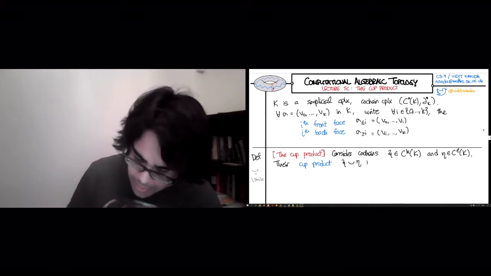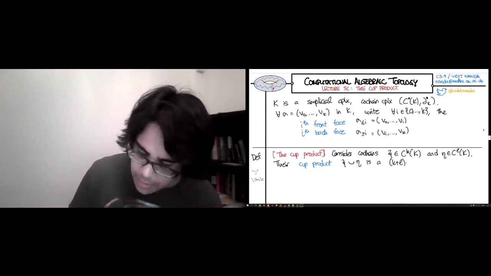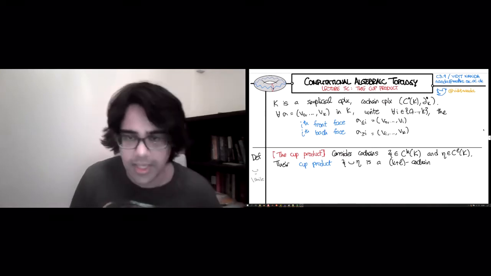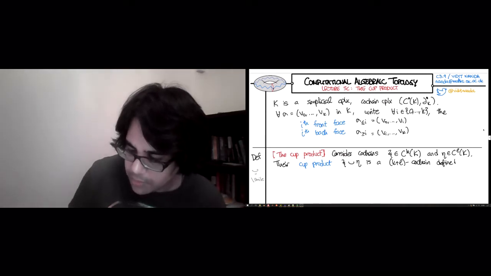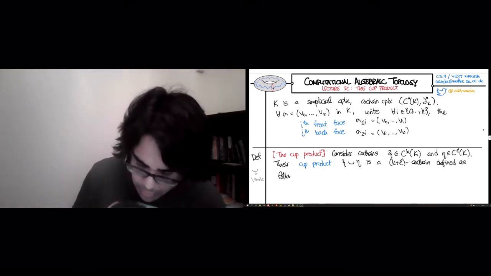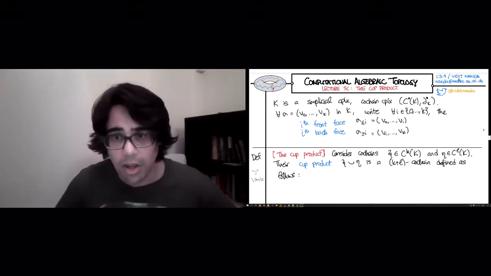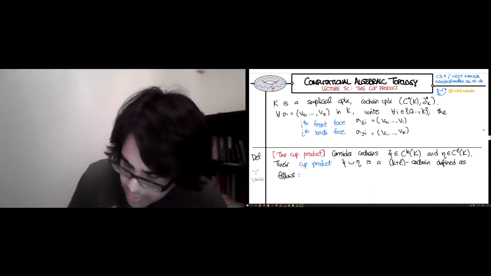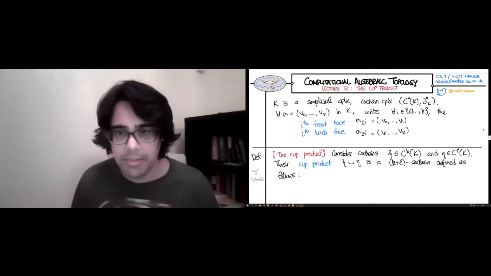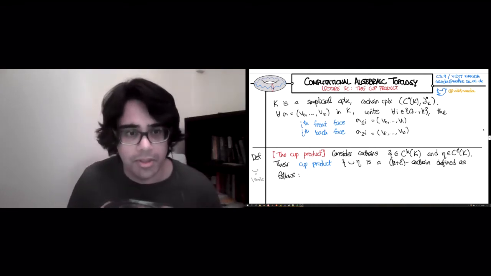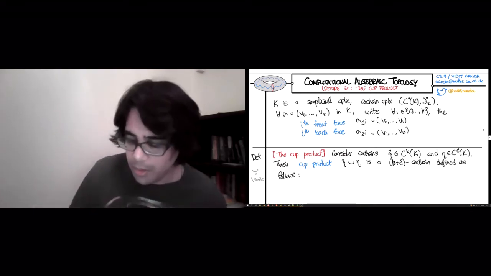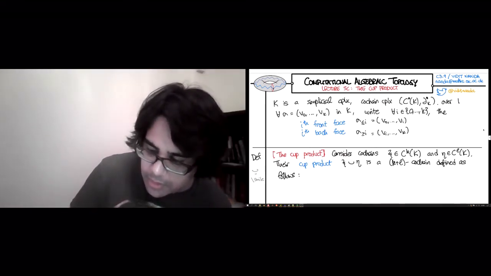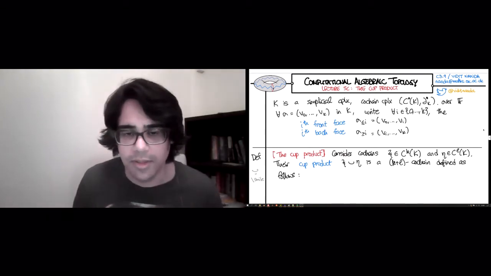This is a k plus l cochain, so it lives in C^(k+l), defined as follows. It's a cochain of dimension k plus l, which means it should eat up k plus l dimensional simplices and spit out numbers, or elements of the field F. So let's go back to the top and say that this cochain complex is with coefficients in some field F.